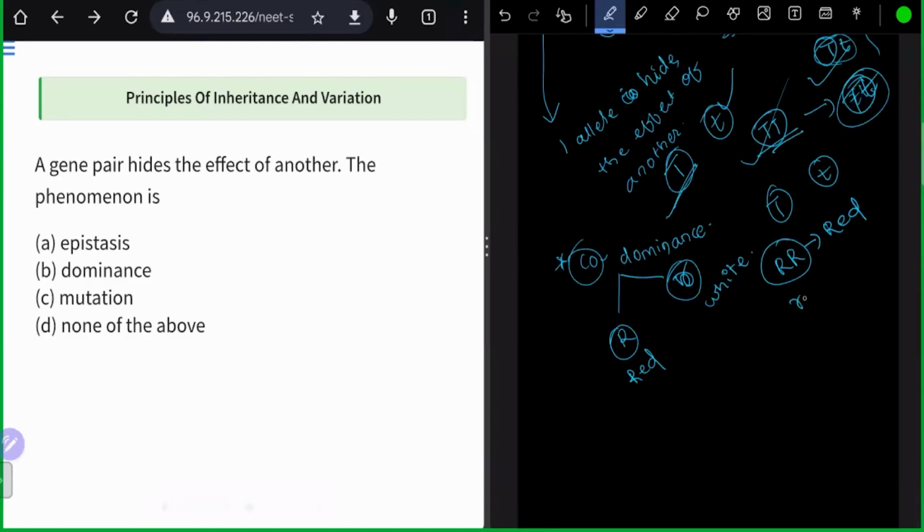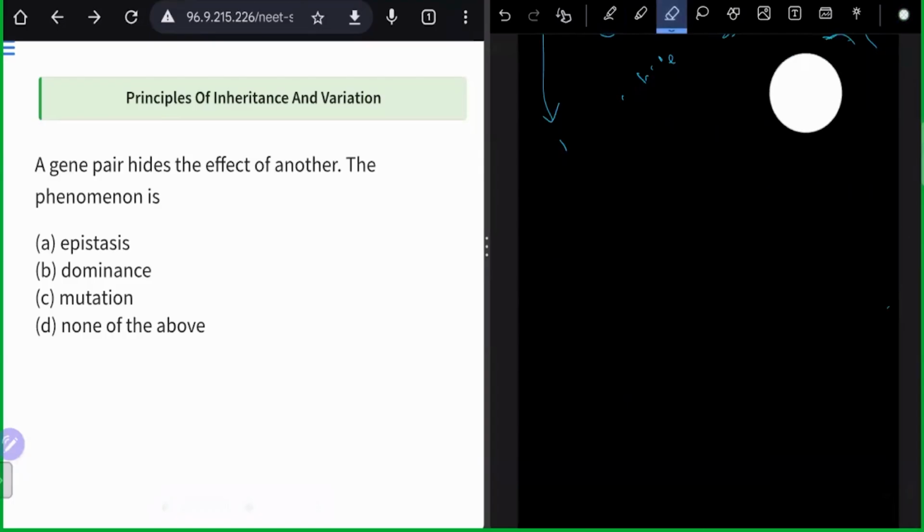If small r are present, the flower color is white. If capital R and small r are present, the effect of dominance is not seen. Both red and white colors are equally expressed, so the flower color will be pink. So it is the effect of codominance.